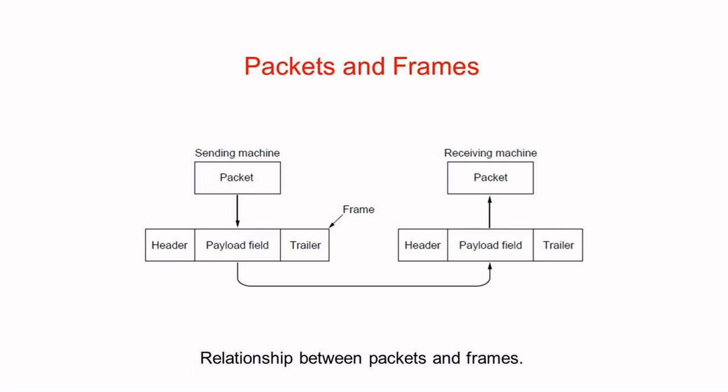Here it is shown the network layer and the data link layer. At the network layer, we call the data a packet. So at the sending machine side, the packet is transferred to the data link layer of the sender machine, and after that the packet is converted into the payload field, because the payload field holds the packets.